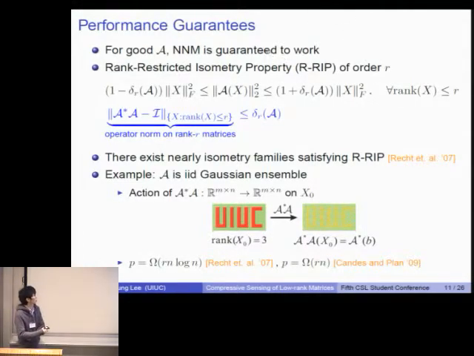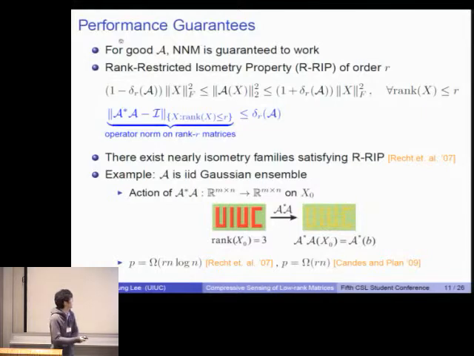First, how do we find a good linear operator? The restricted isometry property is a sufficient condition to determine the goodness of a linear operator. Actually, a linear operator is said to be a restricted isometry if it preserves the norm of the matrix for every matrix with rank at most R. So how can we interpret this complicated equation?